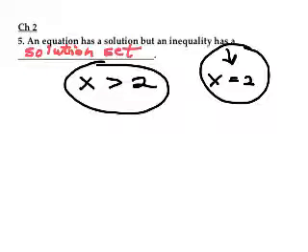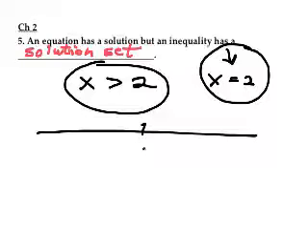So x is greater than 2. Again, if we do the number line, that's 0.